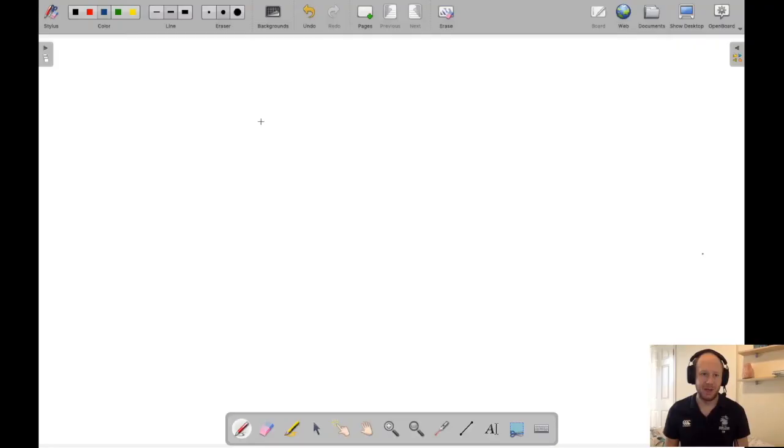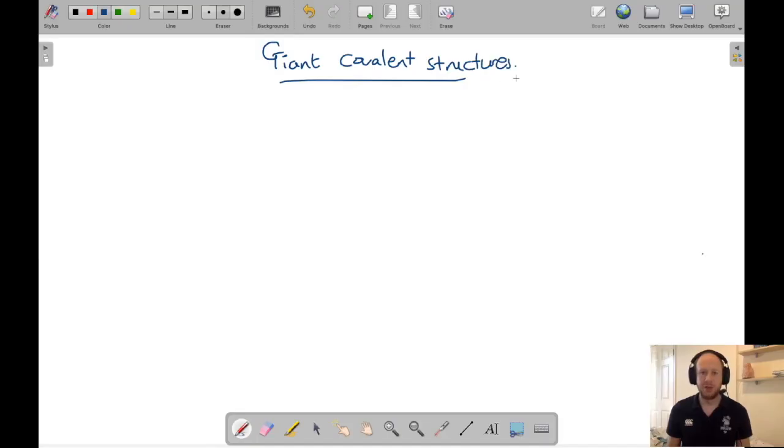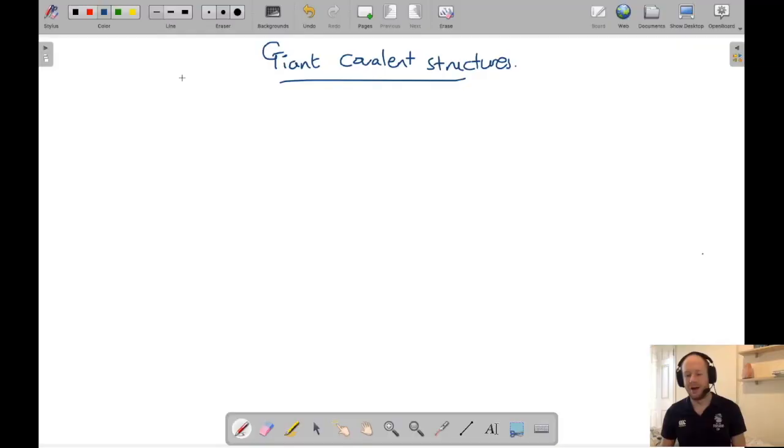Okay, so in my last video we looked at simple molecular compounds, and here we're going to look at giant covalent structures. So here we're going to be looking at the structures that are these huge, massive lattices.